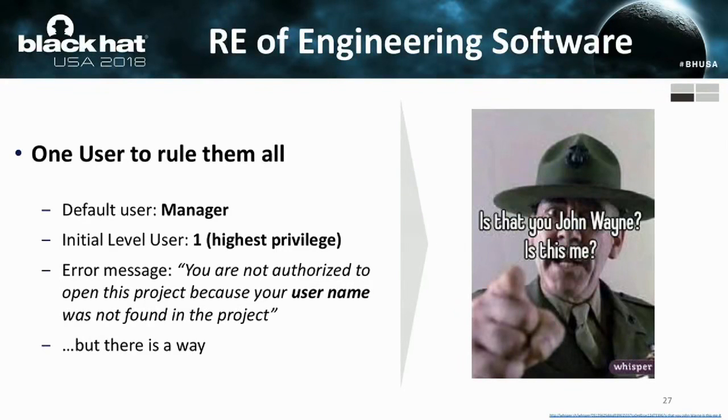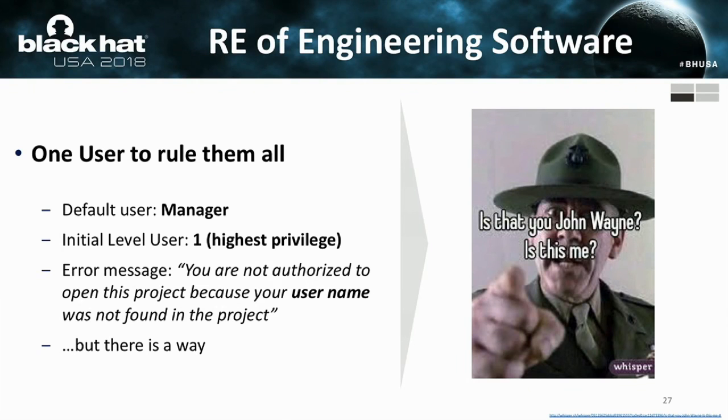Other information that we were able to extract from the engineering software is based on the concept of user credentials related to each project. Each project is related to a specific default credential, which you can find in the manual. You can also change this default credential with custom ones.